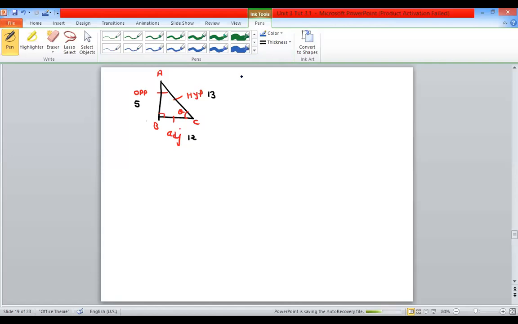Chalo. First of all, we can find the sine theta directly, not by the formula. Sine theta means opposite upon hypotenuse. This is 5 by 13. By the reciprocal of the sine theta, I get the cosec theta.